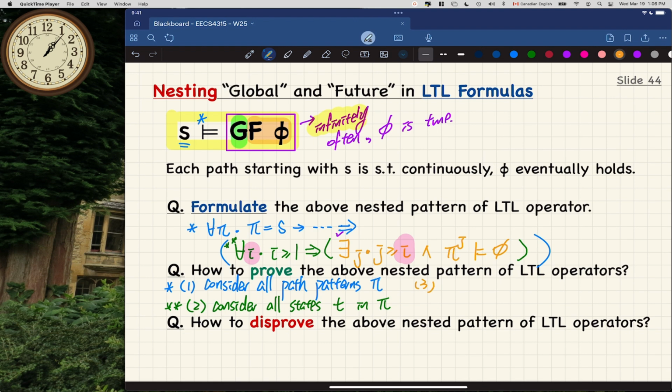So number 3 will be, you want to find a witness state at index J such that pi j satisfies phi. All right, so that's the 3 steps you've got to watch out for.